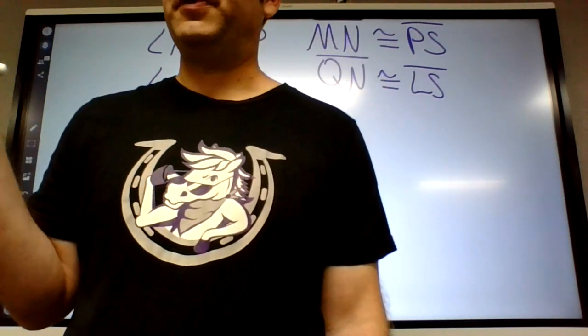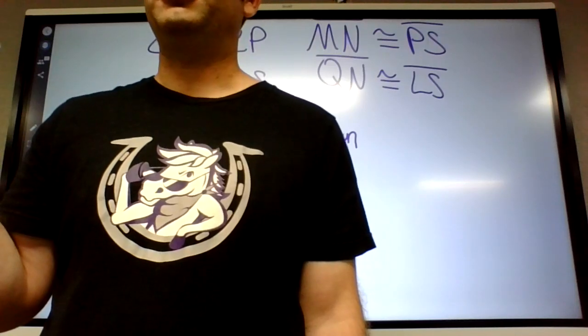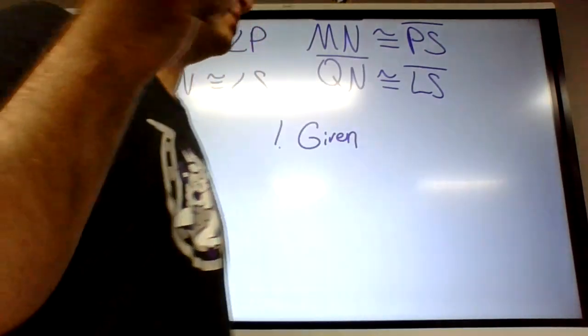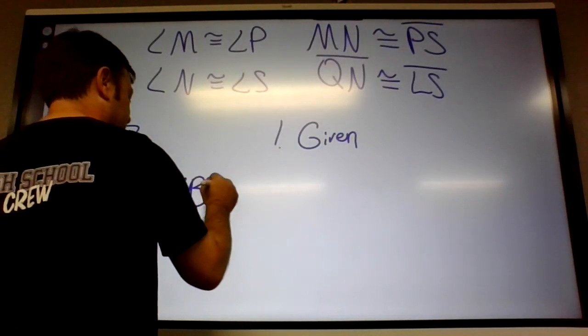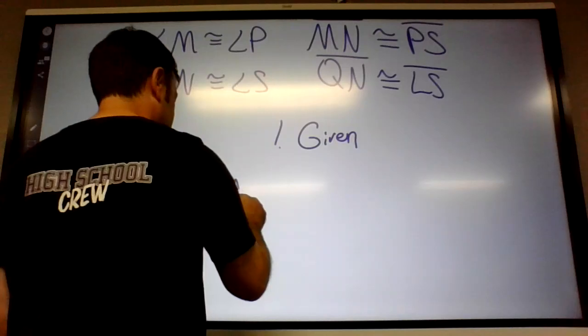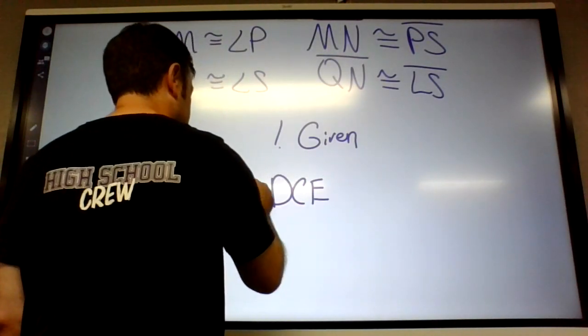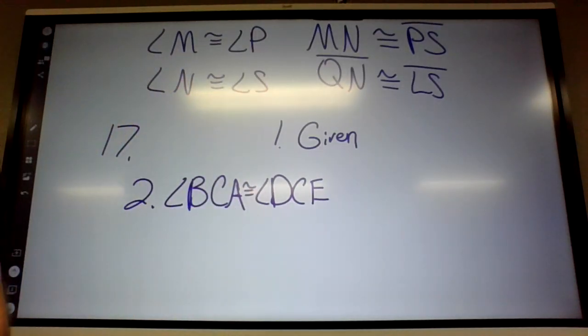Angle BCA, that angle in the middle, and angle DCE are congruent. They supplied the reason. They said it's because they're vertical angles.